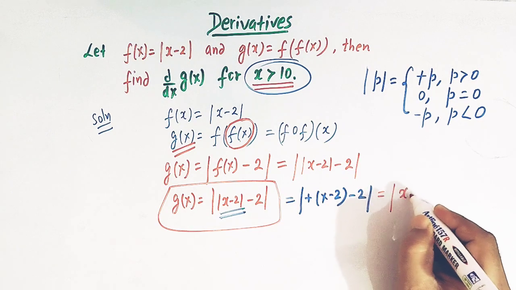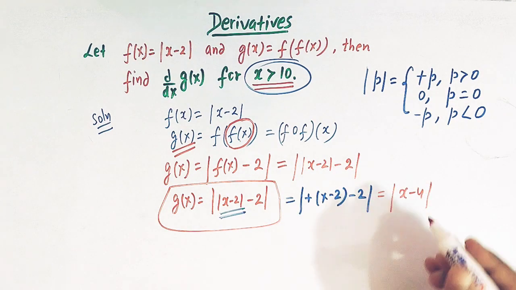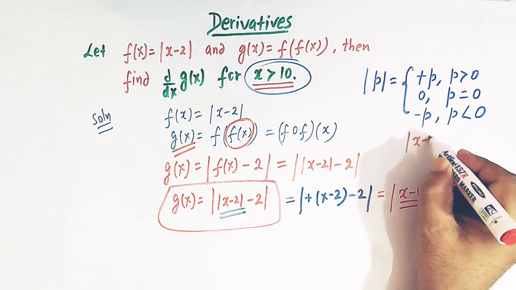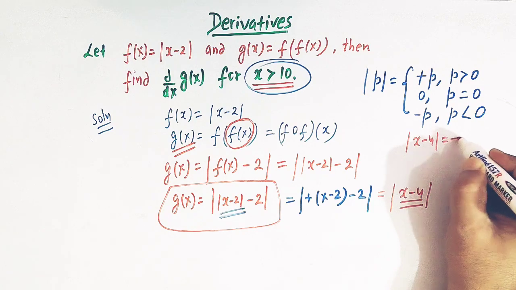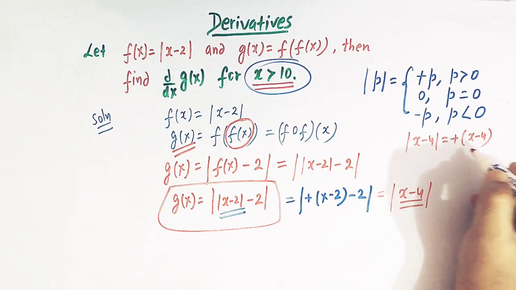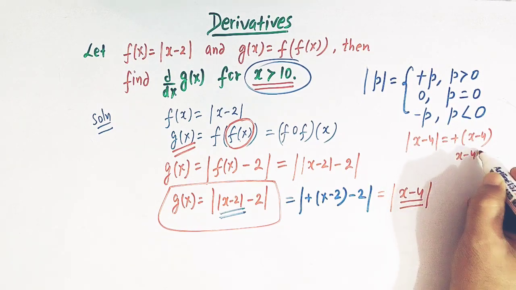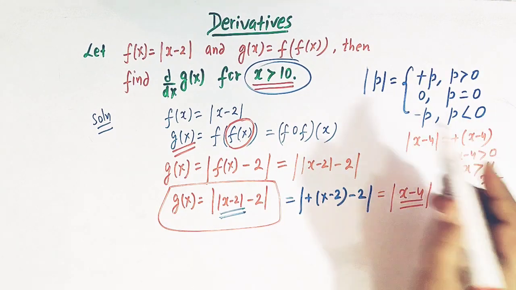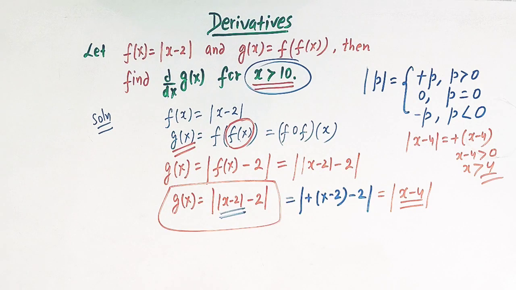So we have mod of x minus 4, right? And again, we can see that mod of x minus 4 can be written as positive x minus 4 whenever x minus 4 is greater than 0. It means x is greater than 4, right? And here we have x greater than 10, right?